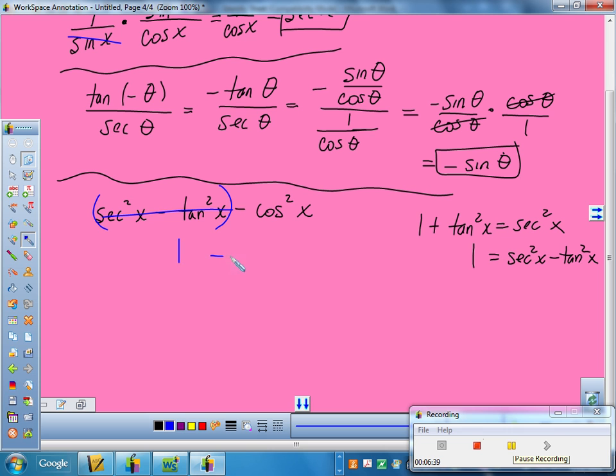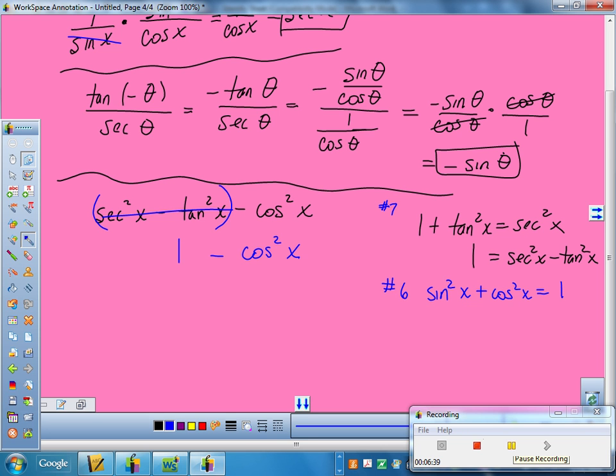And now you have a minus cosine squared left. Well, that might be simple. Or, anytime you see 1s with sine squared and cosine squared, you better be checking out number 6. That's number 7. Okay, so we check out number 6. Number 6 normally says sine squared of an angle plus cosine squared of the angle is equal to 1. Okay, is there any way I can get that rearranged to be 1 minus cosine squared?